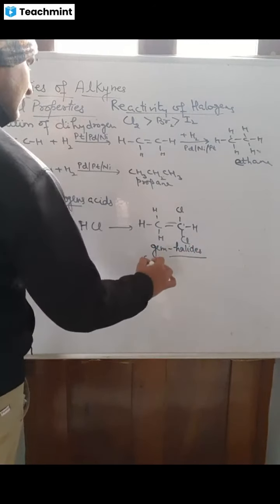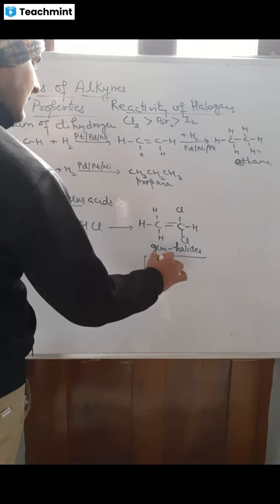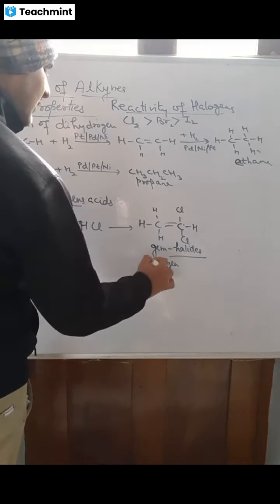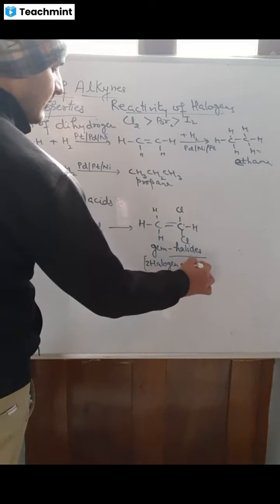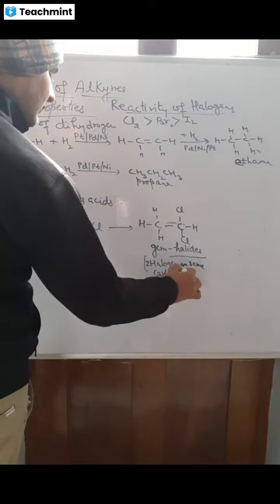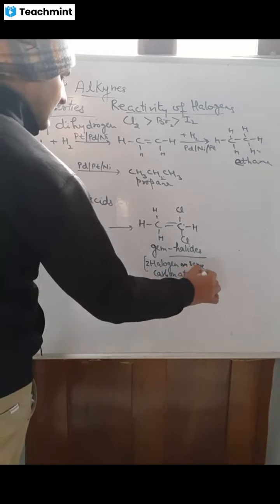Geminal means two halogens on the same carbon atom. They are known as geminal.